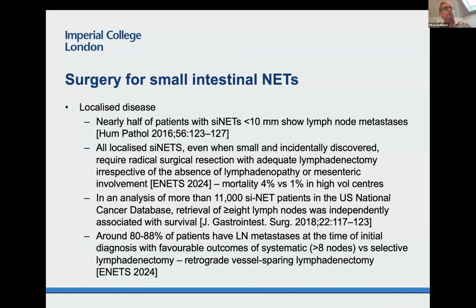What used to happen is that you would do this pizza slice type resection where you would resect an area of small bowel and you take this pizza slice corresponding area of the small bowel mesentery as far down as you could to the base of the mesentery. But actually, what the current guidelines suggest is that you do the selective vessel-sparing retrograde lymphadenectomy, where you can go well beyond this sort of pizza slice area distribution. And by doing that, you are able to retrieve more of the lymph nodes.